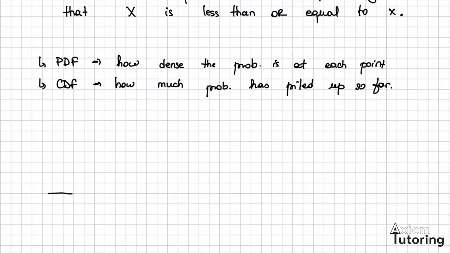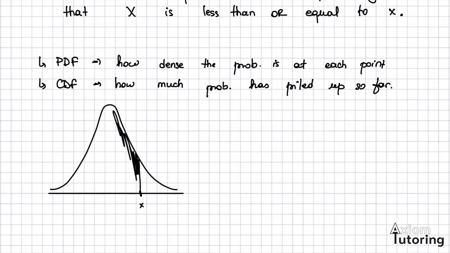So for instance, if we go back to our normal shaped bell curve, in here, if we have a value X in here, what the CDF is going to tell you, so the area that you have until this value X, is the entire area that you have under the bell curve, okay?